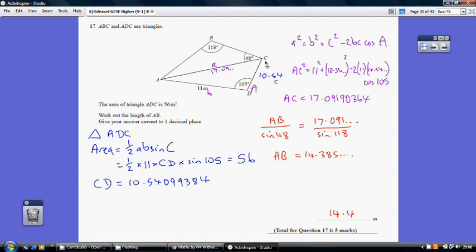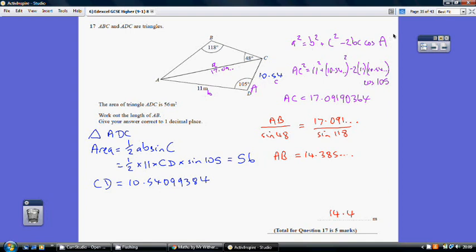Now that we know that this length is 10.54, using the cosine rule we can work out the length of AC. So this is the second thing I've done here in purple. So the cosine rule allows us to work out a length where we don't have a pair. We can't use the sine rule, but we've got a length, a trapped angle, and a length.